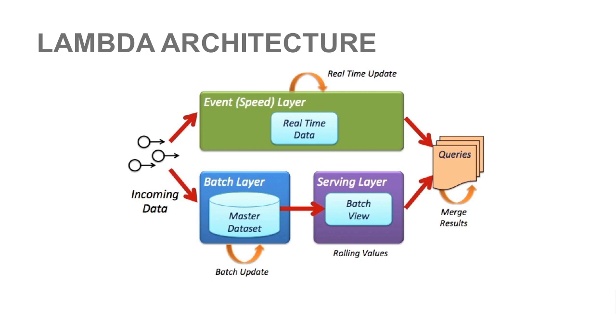What we do in this area is to create some rolling values that we will then combine with what we see as the real-time update. So we will merge the results of our batch processing with the real-time insight. And typically, we will be storing that into some database that will be used for reading from our applications.